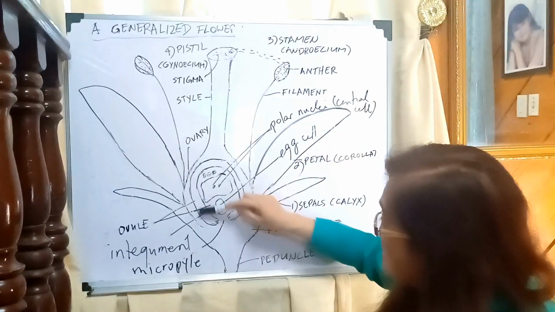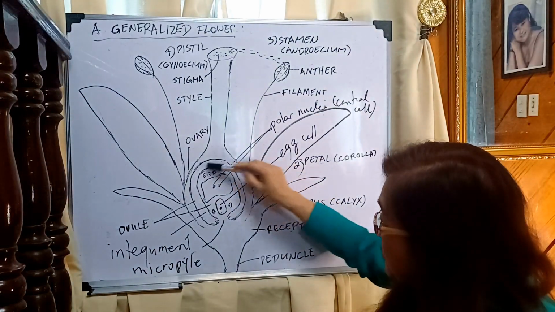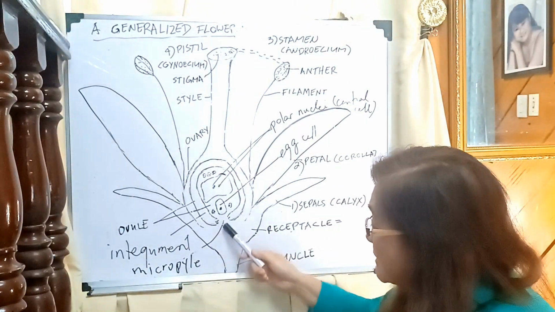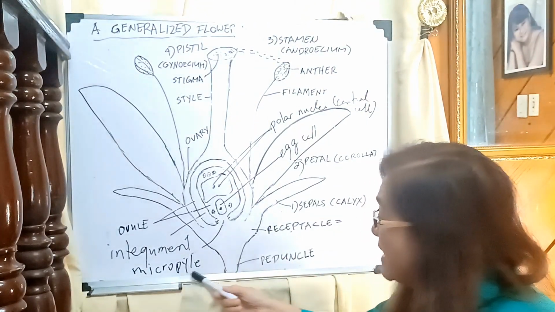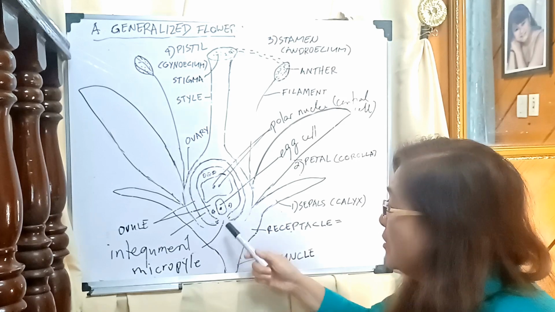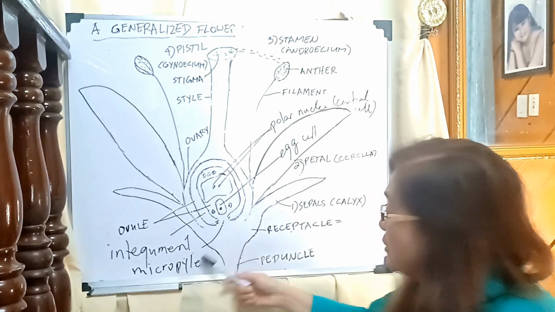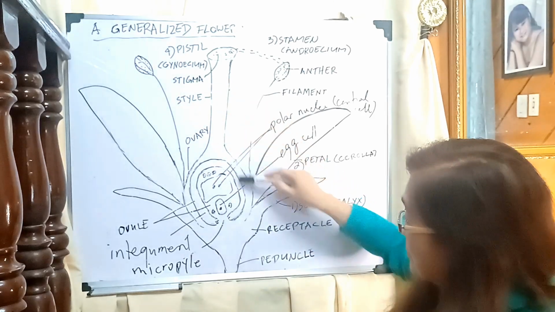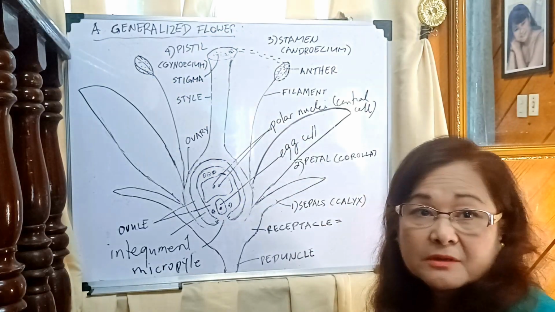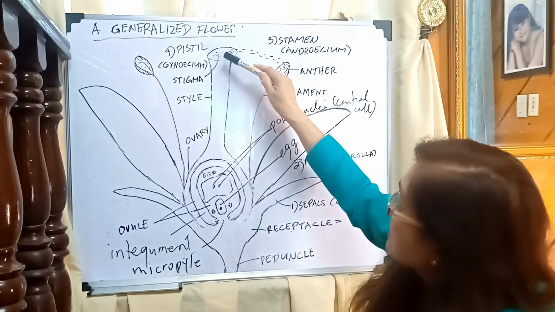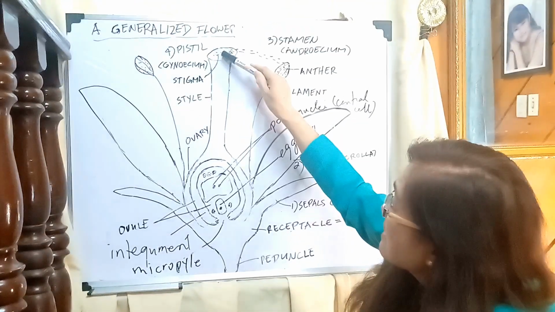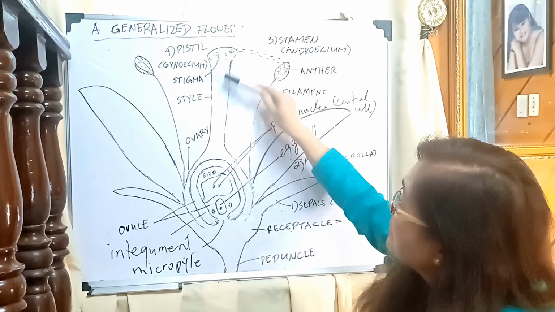Now, each ovule is surrounded by an integument. And it has an opening, which we call the micropyle. So that's the opening, the micropyle. The opening is important here to allow double fertilization. As I've mentioned a while ago, one pollen grain that got stuck in the stigma will grow a pollen tube.